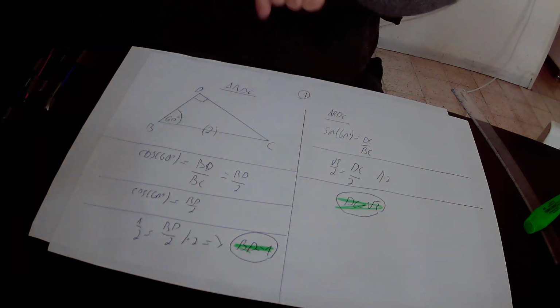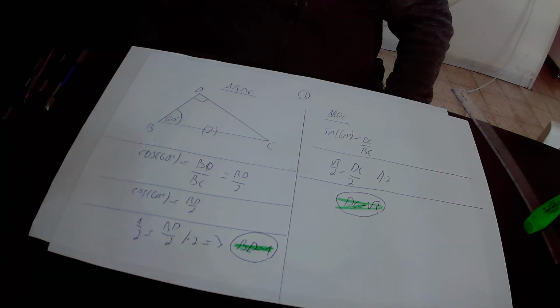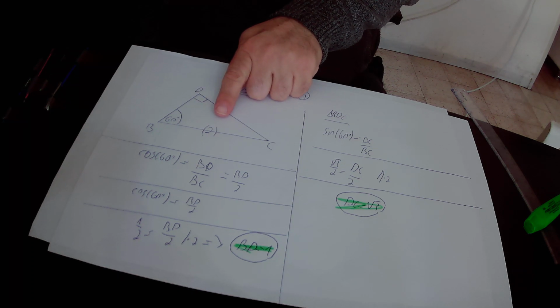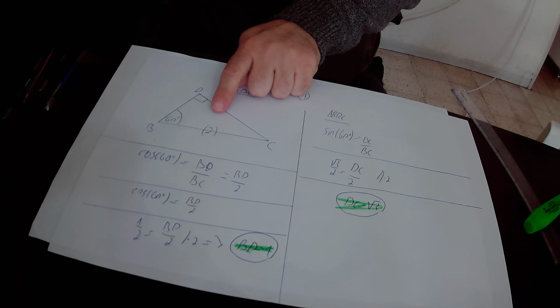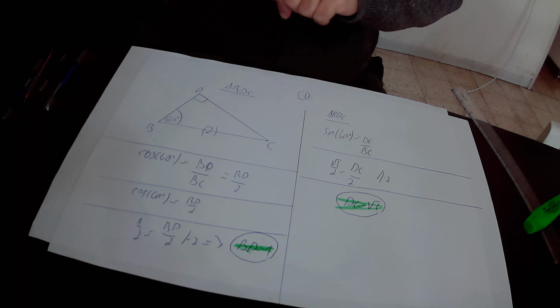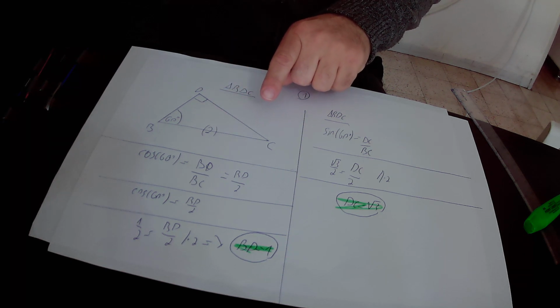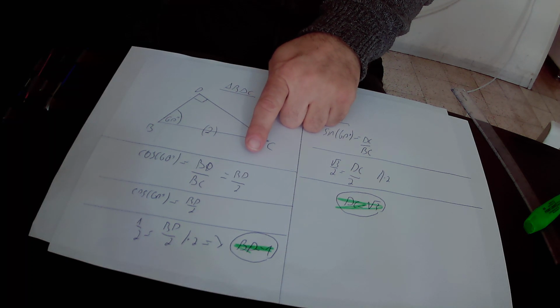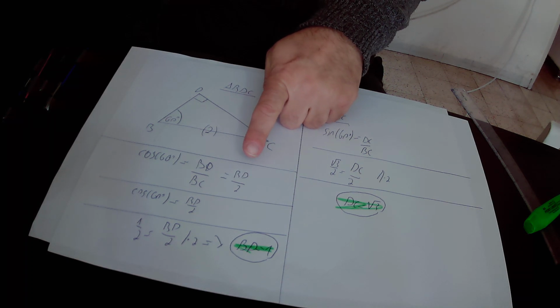This is the right triangle CBD that I copied from the original drawing. Angle DBC equals 60 degrees and BC equals 2 according to what is given in the question. So in the right triangle DBC, cosine 60 degrees equals DB over BC, and BC is 2, so we substitute BC by 2.